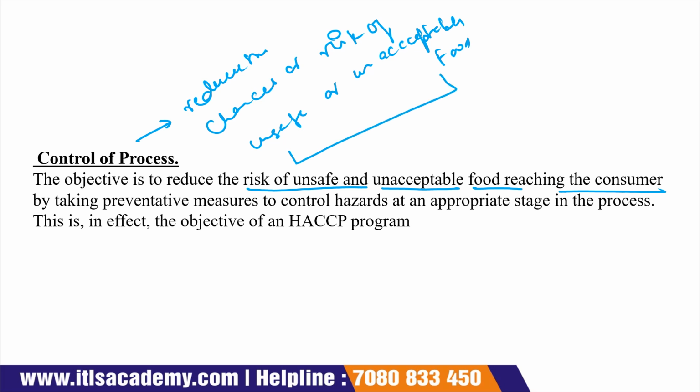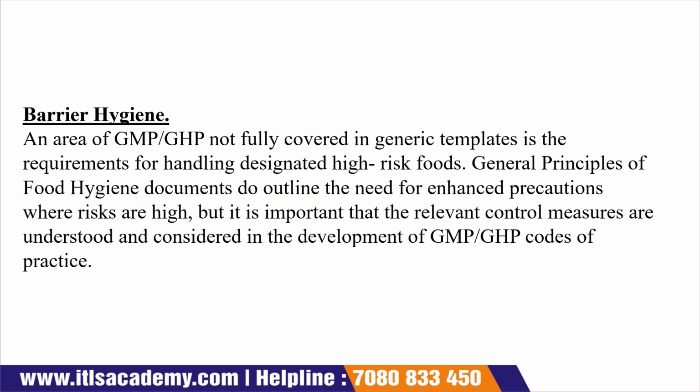Food which does not fulfill the proper food hygiene requirement or proper food conditioning. So it will stop it from reaching the consumer by taking preventive measures to control a hazard at appropriate stages in the process. This is in effect the objective of the HACCP program.